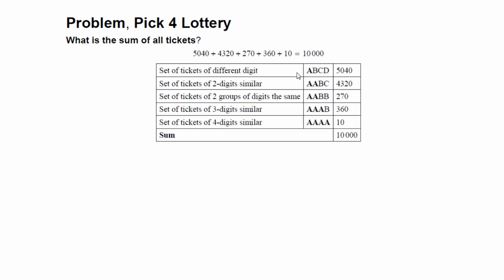So we are going to summarize all of these sets in this table here. The set of tickets of different digits, set of tickets of 2 digits similar, set of tickets of 2 groups of digits the same, set of tickets of 3 digits similar, and set of tickets of 4 digits similar, and their corresponding number here, and their sum is 10,000.